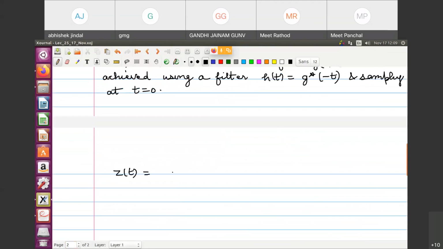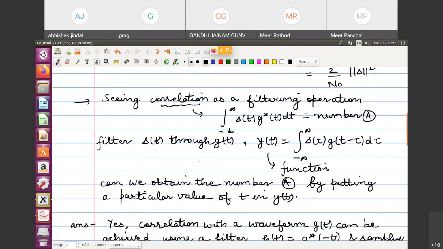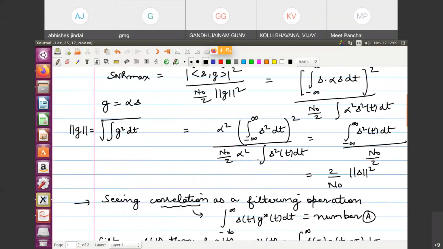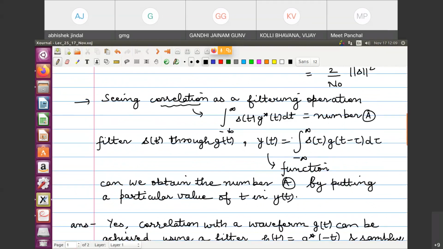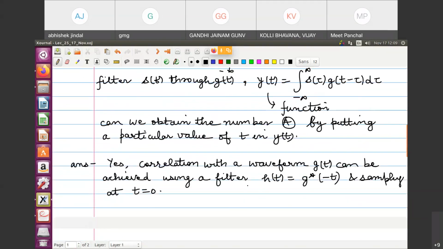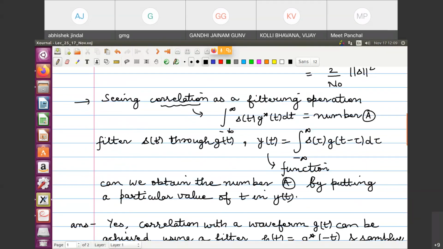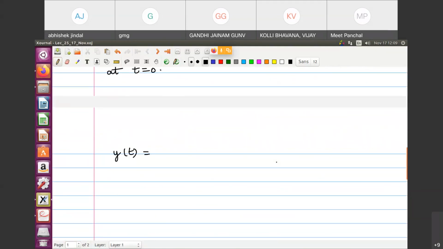I have used some different terminology here; let us be consistent with the notation, because otherwise the textbook considers this to be z of t, but we have started with y of t.